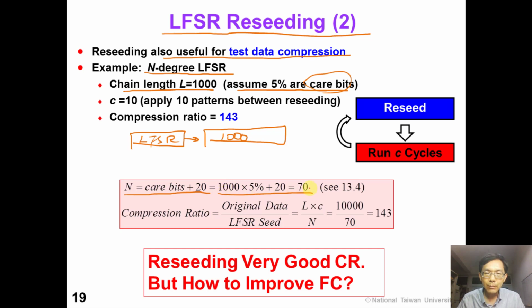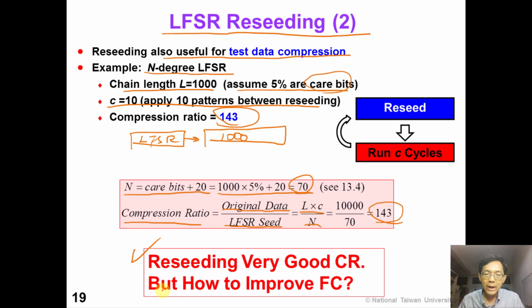So according to these numbers, we need a 70 degree LFSR. Let's apply 10 patterns between reseeding. So the compression ratio would be the original data volume divided by the LFSR size, which is 1000 times 10 divided by 70. So we have 143 compression ratio. This is a very large number. So reseeding is actually very good for compression.